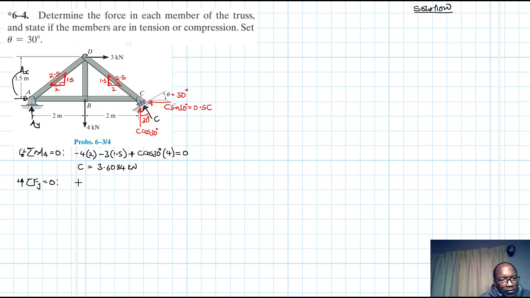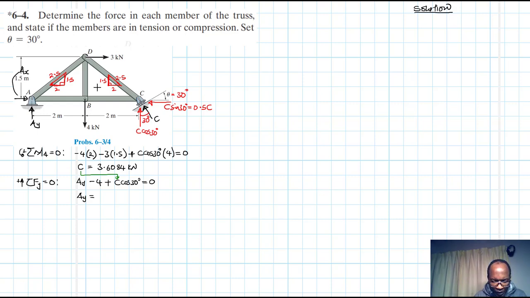And then we have summation of forces in the y direction. Okay, what do we have? We have AY minus 4 plus C cos 30 is equal to 0. And therefore, AY is going to be equal to, having in mind that C is already calculated, therefore we replace it as shown.